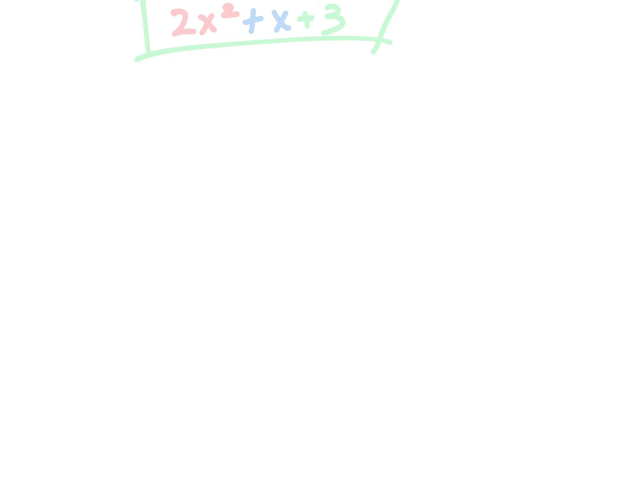Okay, so now let's look at another one. What if I gave you x squared plus 6x cubed minus 4 minus 5x cubed plus 7x minus 3x squared.